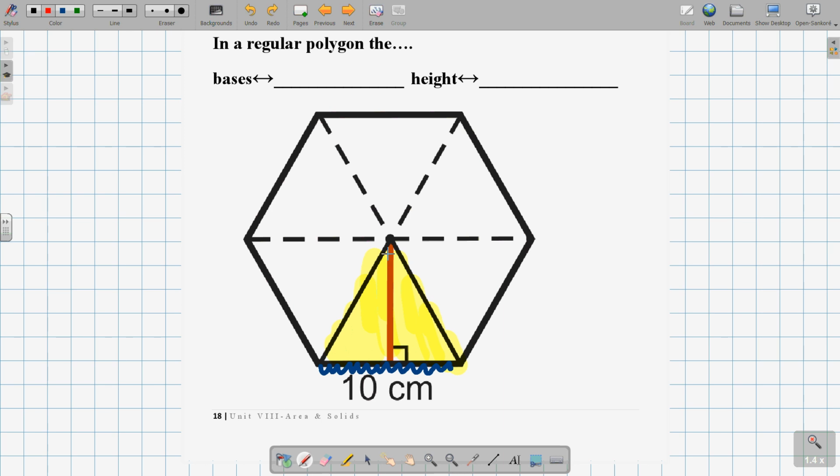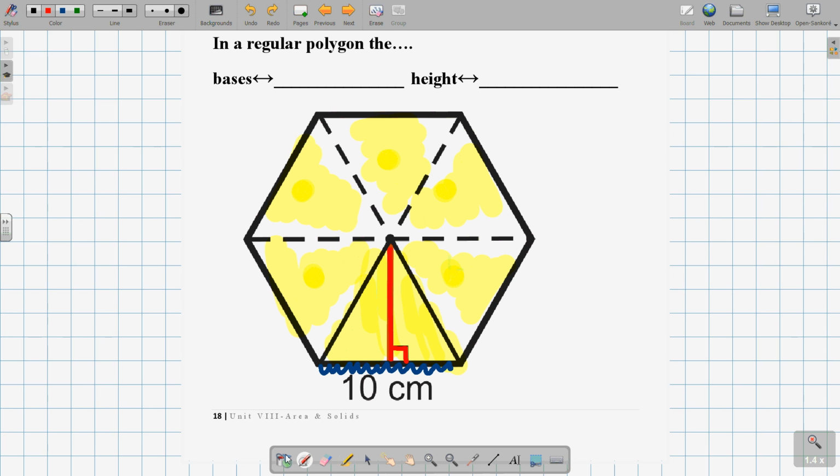And in this one triangle, this red segment is the height. If you were to find the entire polygon, you see that it's basically a bunch of triangles. So there's a long way and there's a short way. The long way is to find one triangle and then walk it around and add them all up.